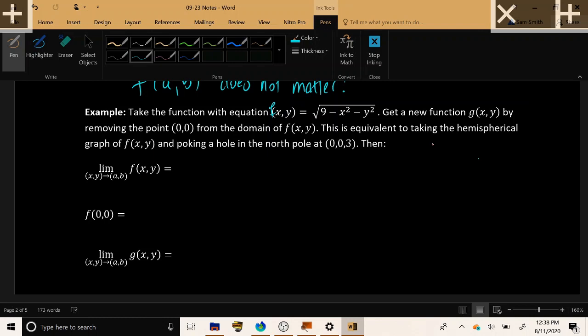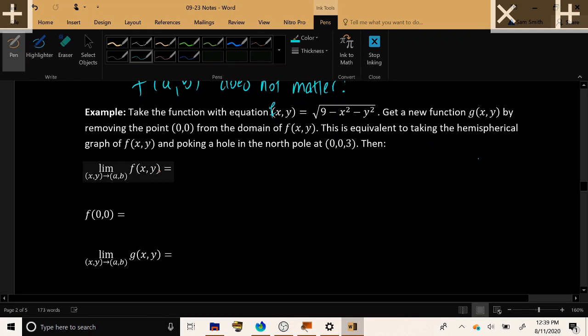All I'm going to do is restrict the domain of f of x y. I'm going to artificially restrict it just like we artificially restricted the domain of sine of x in order to get its inverse. I'm going to restrict the domain of f of x y, and I'm just going to delete the point 0, 0. And in terms of the graph, this is equivalent to taking the graph of f of x y and just poking a hole right in the north pole at 0, 0, 3.